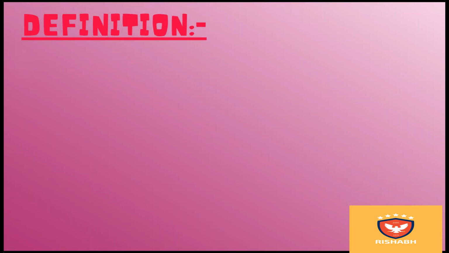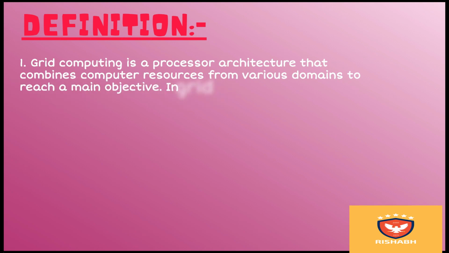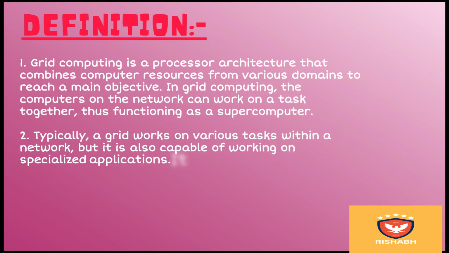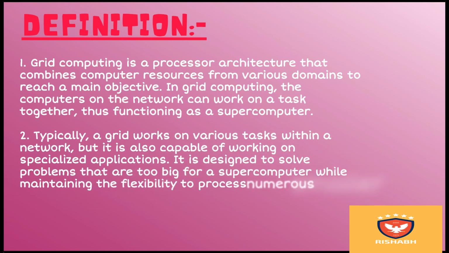By definition, grid computing is a processor architecture that combines computer resources from various domains to reach a main objective. In grid computing, the computers on the network can work on a task together, thus functioning as a supercomputer.